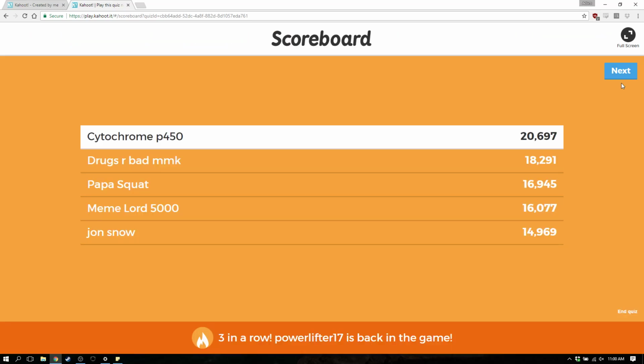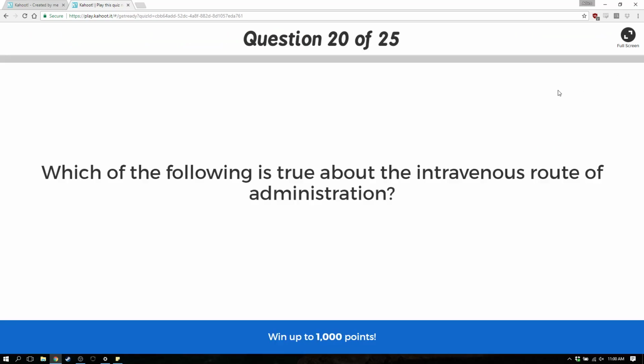Okay. Which of the following is true about the intravenous route of administration?